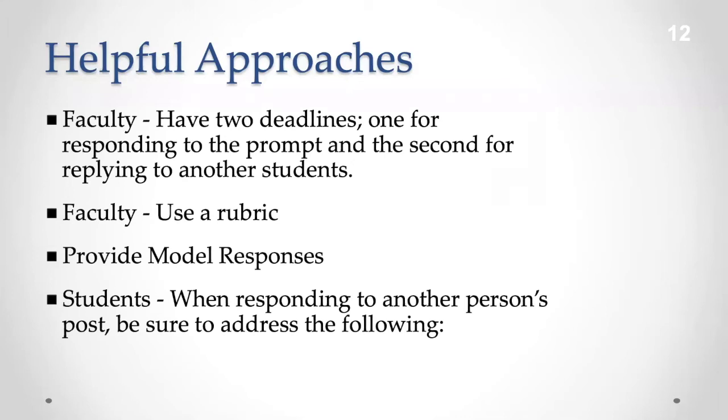Did they respond to the question, the prompt itself, and did they respond to another student, encouraging more thought, etc. And so for me, my rubric is a 4-point rubric, and in that 4-point rubric is also proper grammar and lack of typographical errors, because I want to encourage them to see this as a professional space and to treat it as a professional space as well.